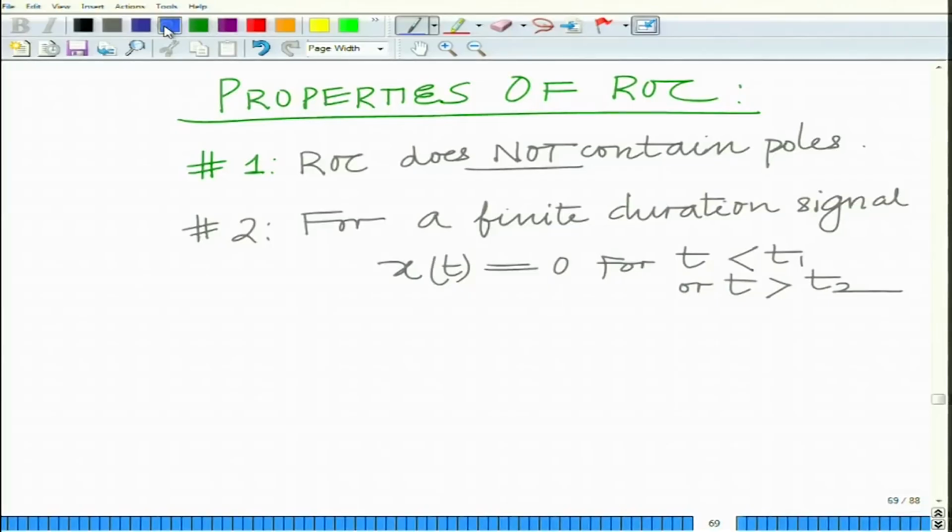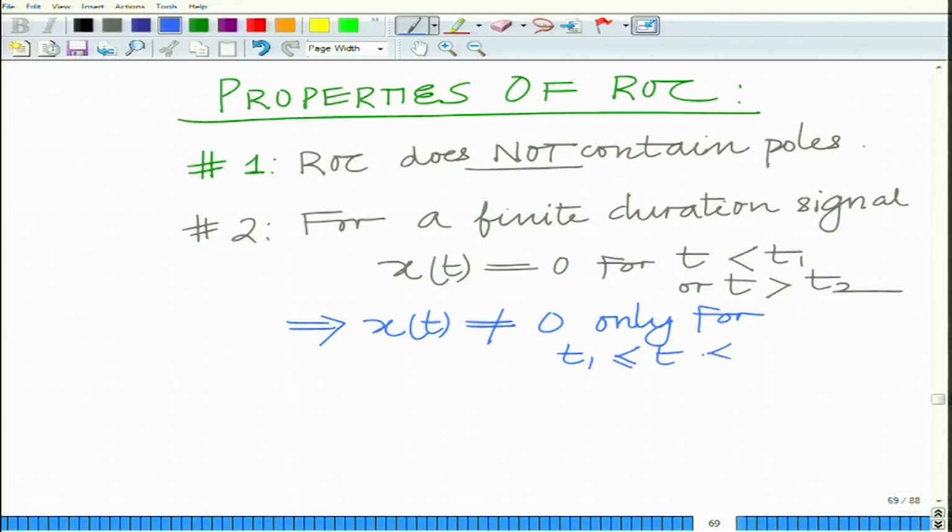So x(t) is non-zero only for t1 less than or equal to t less than or equal to t2, and the ROC equals the entire S plane.